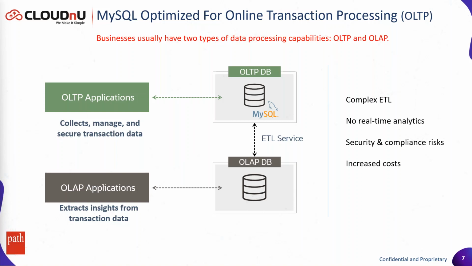For example, online transaction processing could be banking, shopping, order entry, and sometimes text messaging. So what happens is these transactions are recorded and they are secured so that the company can access the information anytime for accounting, reporting, or whatever.